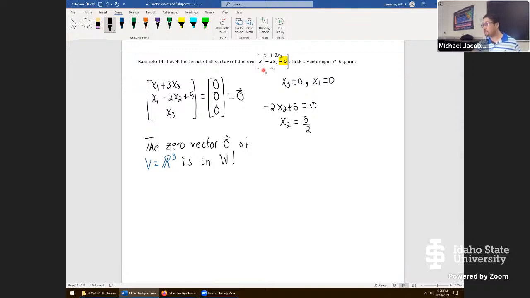Let's indicate what we're doing next because our problem got tricky. Let's show that closure for scalar multiplication fails. That means we're going for a counterexample.